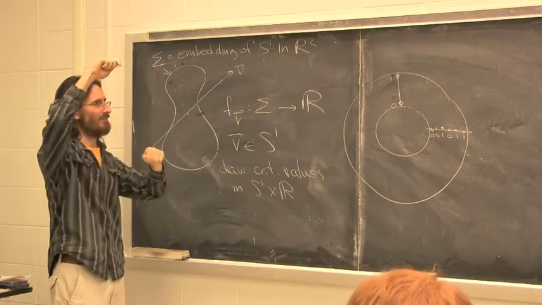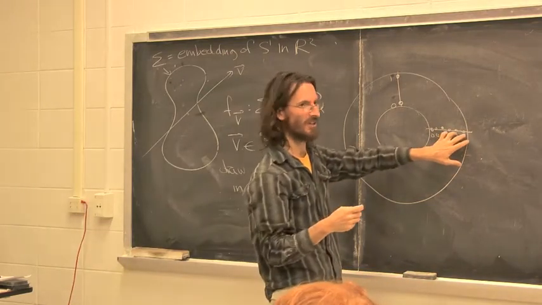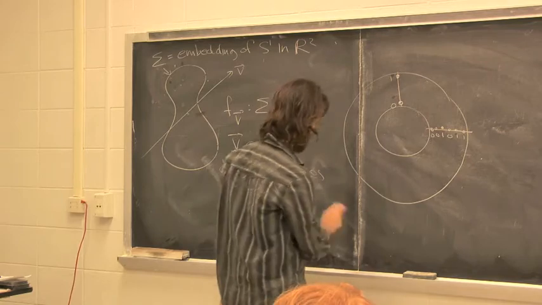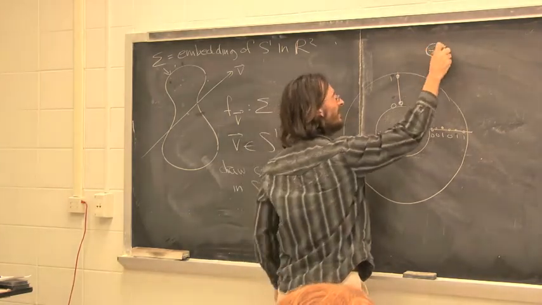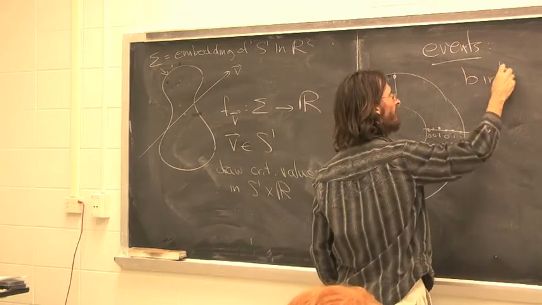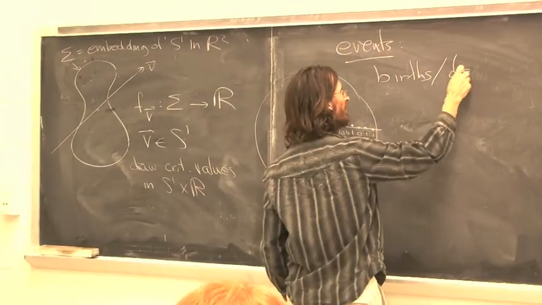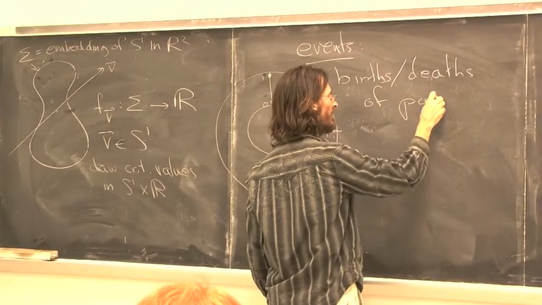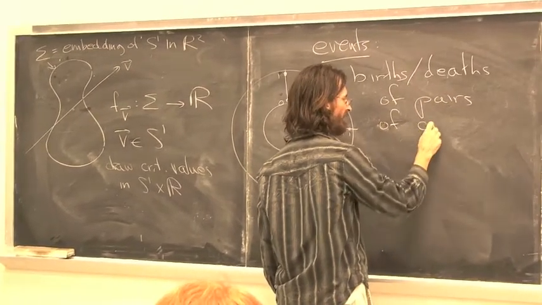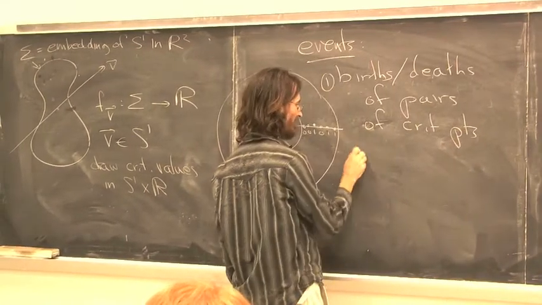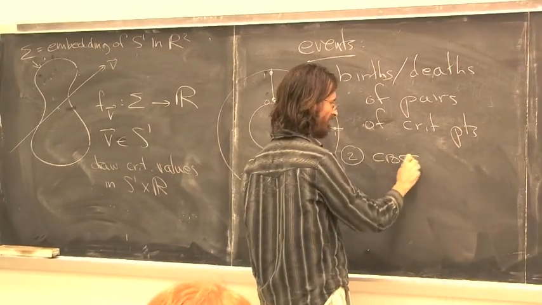Once you have 2 index 1 critical points, maybe one's above the other and then one drops. So the events that we're interested in are births and deaths of pairs of critical points. The other event is crossings.